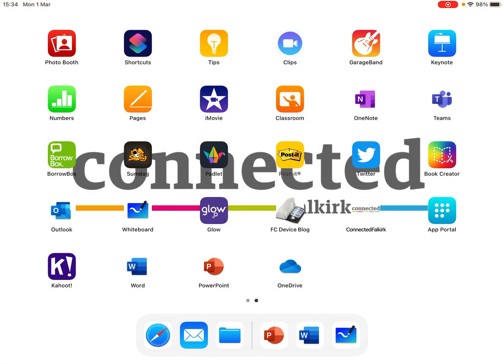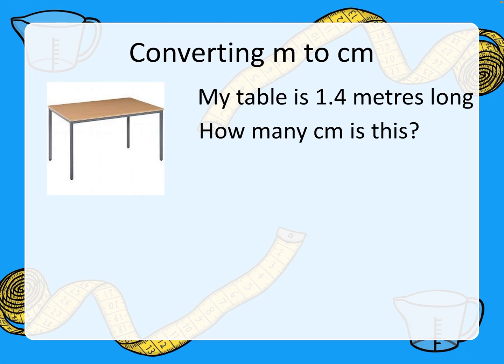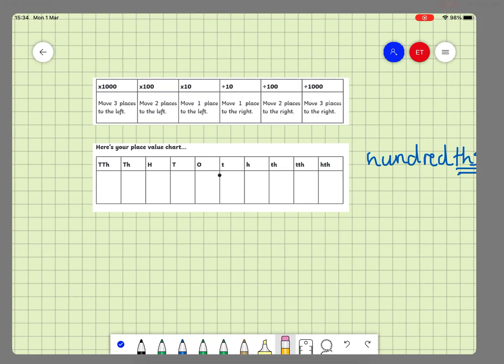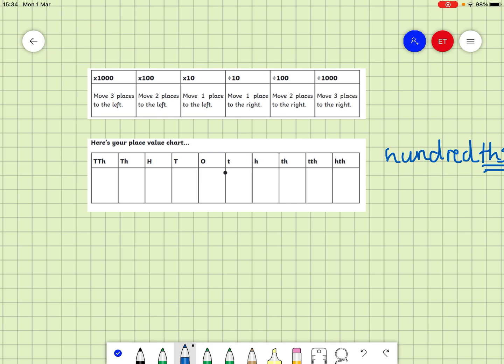So the table is 1.4 meters long, so I can put in here 1.4 meters. Now, to find the centimeters, I need to multiply by 100.